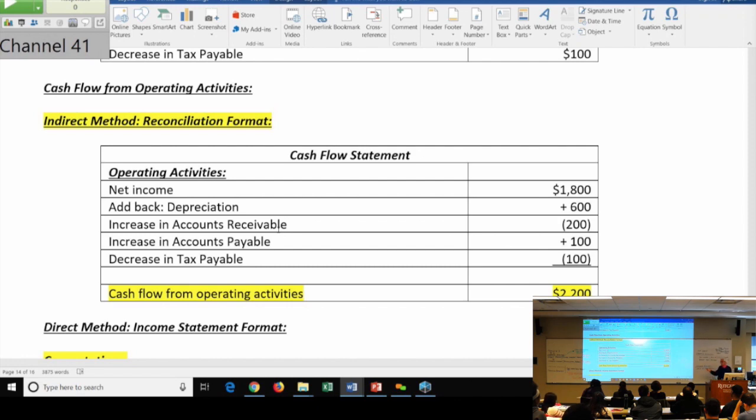Maybe more difficult to put this together on a direct basis, I'm not sure, internally. But in practice, that's what we've got. It's very difficult to find a direct method cash flow statement used by a U.S. corporation. If you search Edgar, you search the SEC documents, you search any other report, it's pretty difficult.